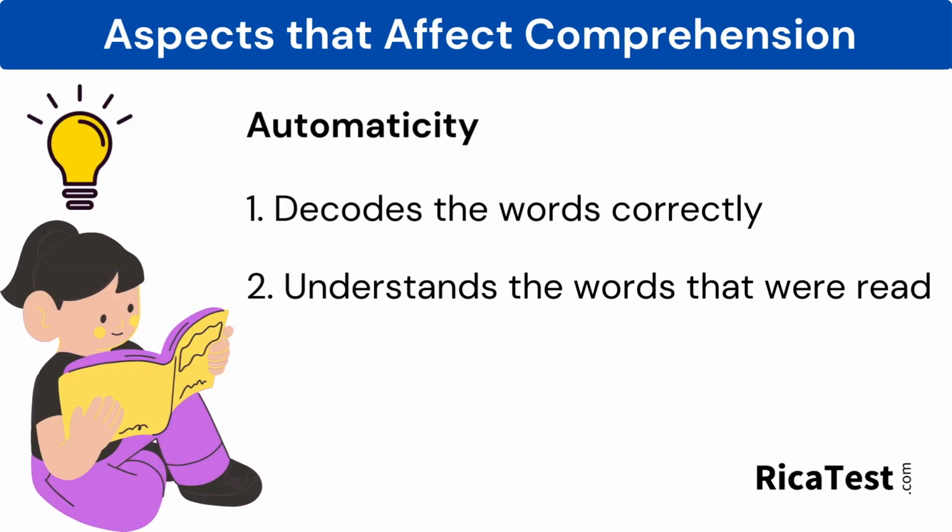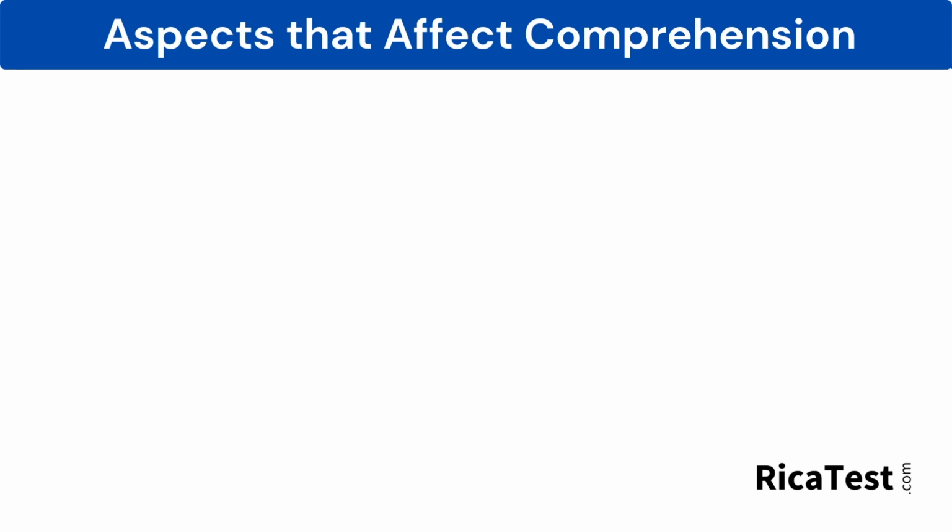In order to understand the way that word analysis and fluency affect comprehension, we have to remember that the goal of reading is to achieve automaticity, which is when a reader accomplishes two tasks. The first, to decode the words correctly, and second, understand the words that were read.